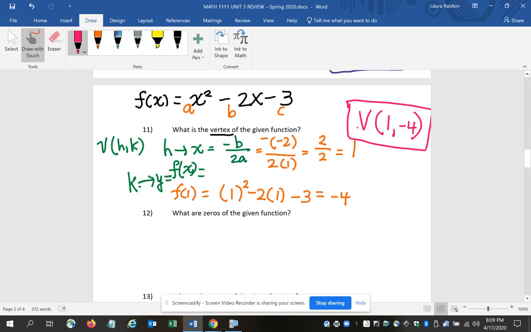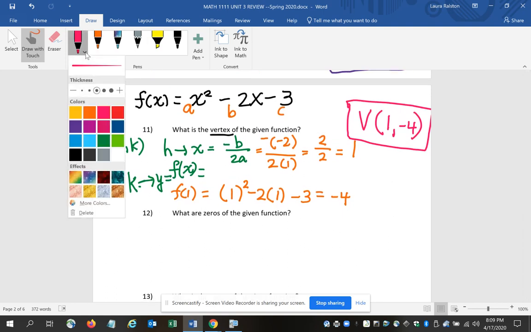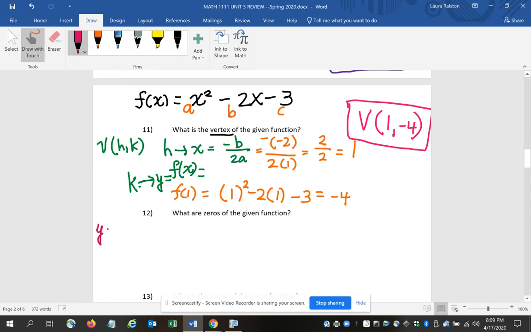Question 12 asks me to find the zeros. Now again, remember that the word zeros also can be written as solutions, factors, or x-intercepts. But to find the zeros, we let y, or f of x, equal 0, and we solve for x.